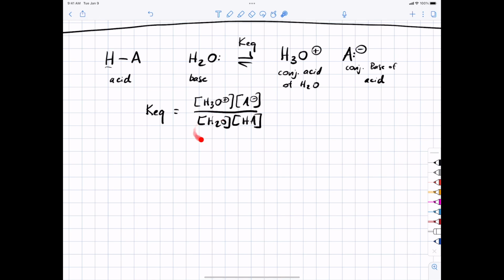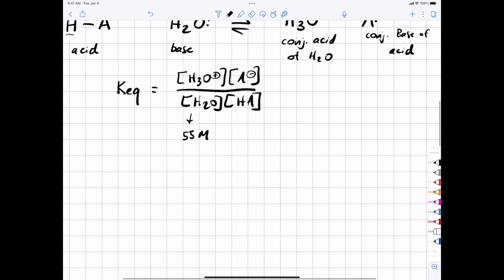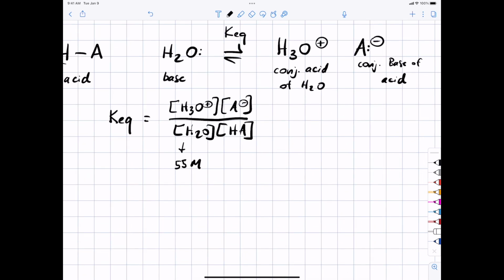They probably told you that the activity of a pure substance is 1, and therefore we're just going to ignore water. That's okay, but you can also deal with this by just accepting the concentration of water. It is, in a solution, about 55 molar. If you take the density of water and its molecular weight and so on, you can calculate the concentration of water as it sits. That concentration is so huge that it is essentially constant. It doesn't change as a function of the reaction.